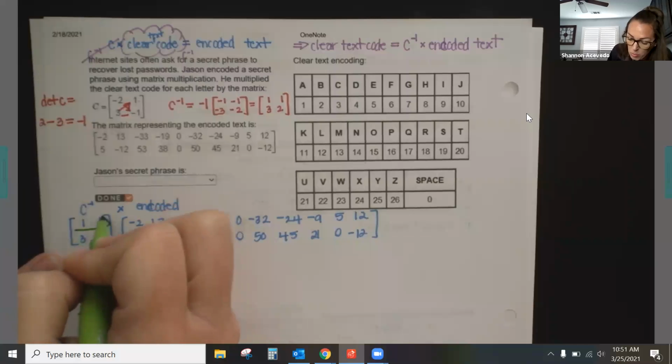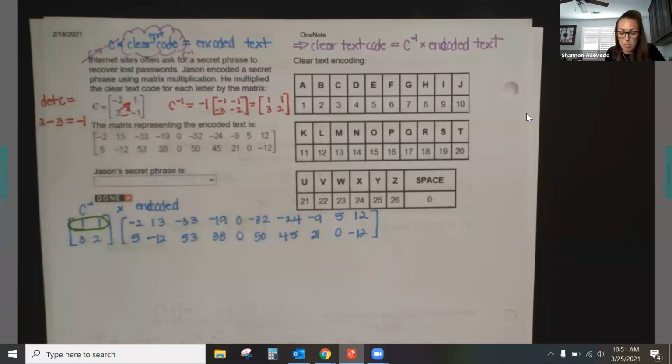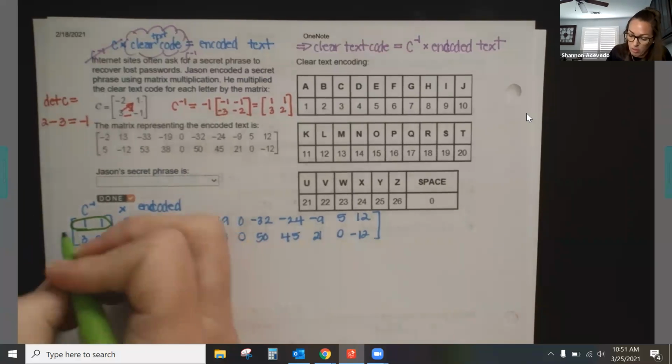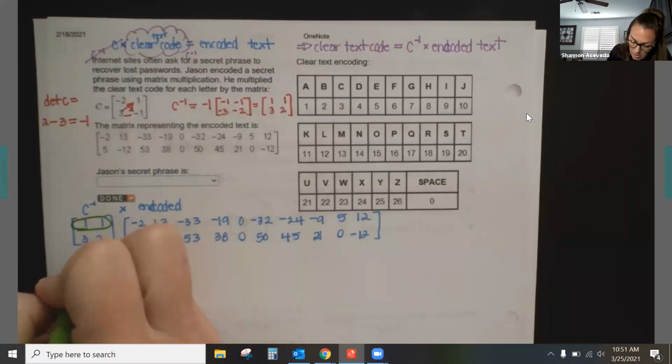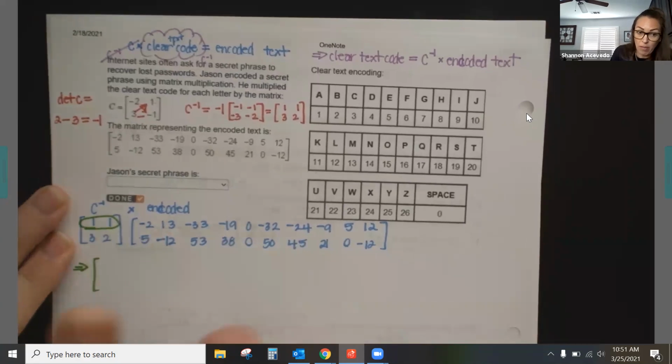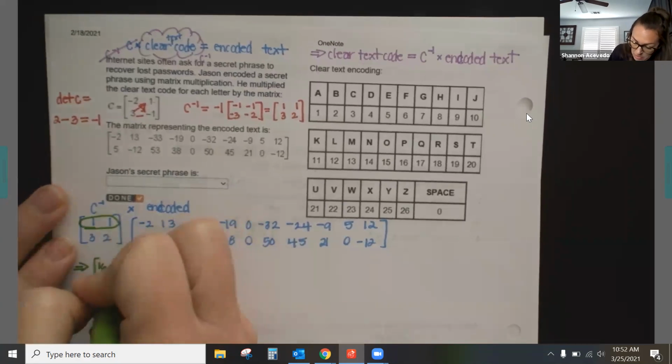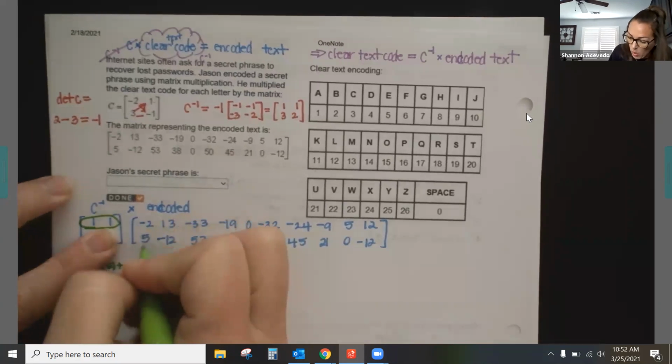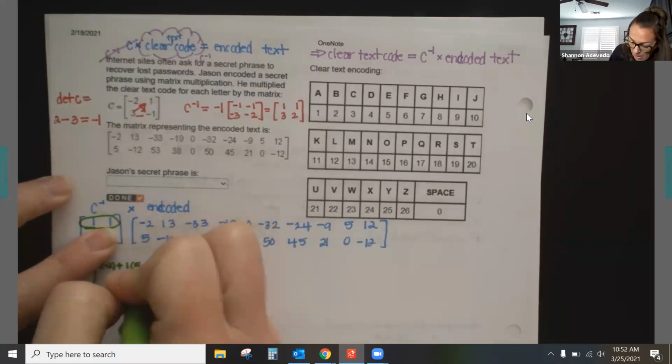I'm going to take my first row and multiply it by each one of these columns. I'll write it all out. So it's going to be 1 times my negative 2 plus 1 times my 5.